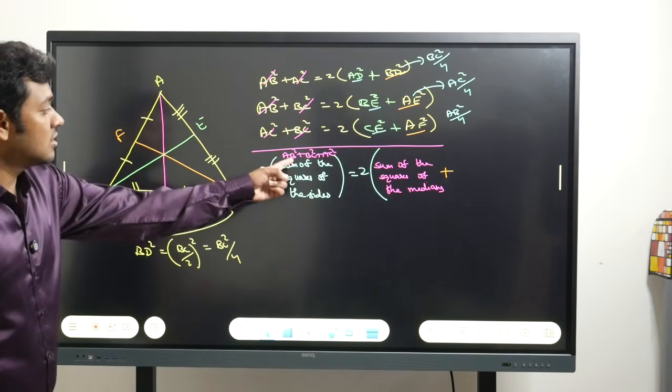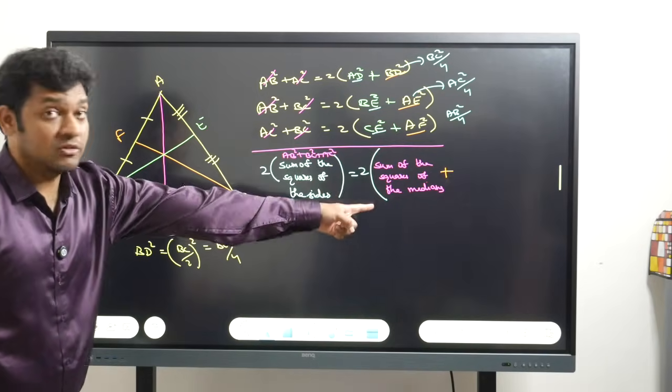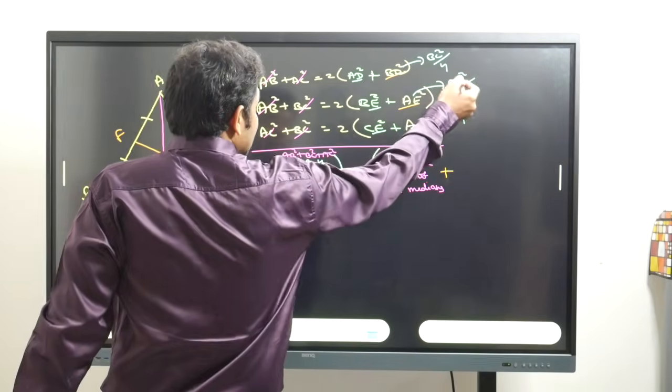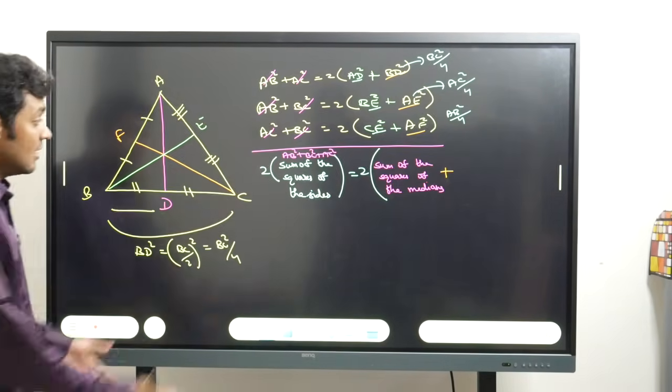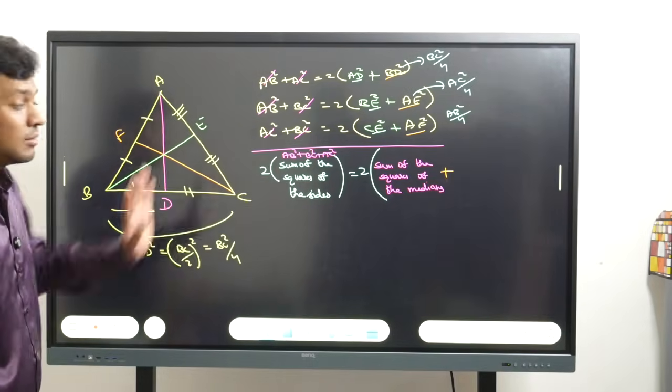Right? So twice the sum of the squares of the sides equals twice the sum of the squares of the medians plus BC square, AC square and AB square added, which is again the sum of the squares of the sides, times 1/4.